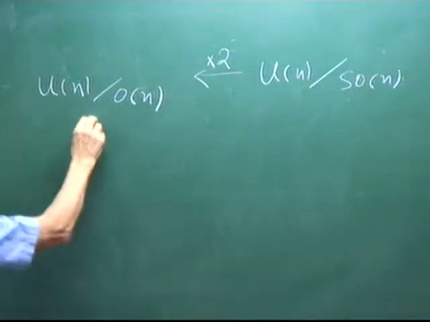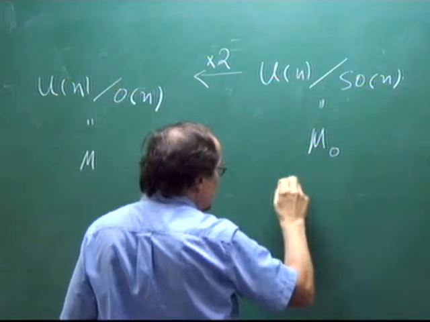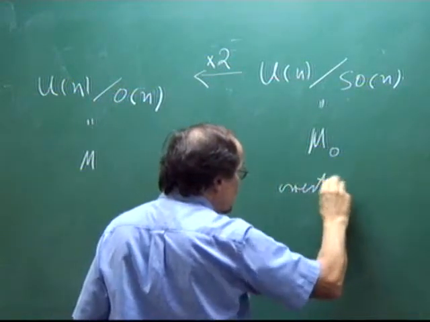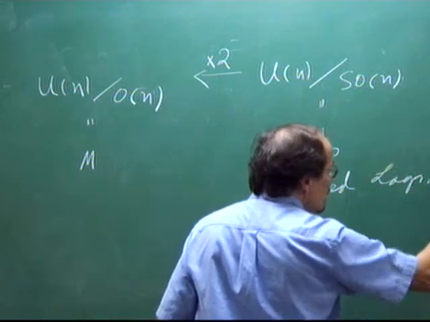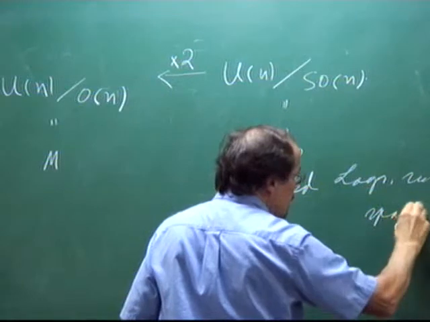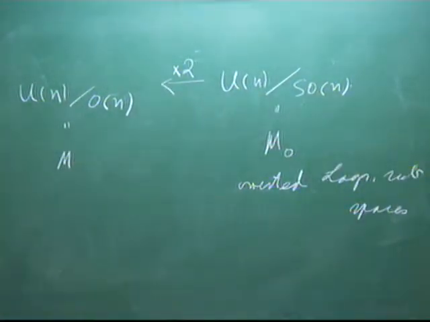So this here is my M. I will call this M naught, which is oriented Lagrangian subspaces. So we have fixed an orientation on the subspace L.